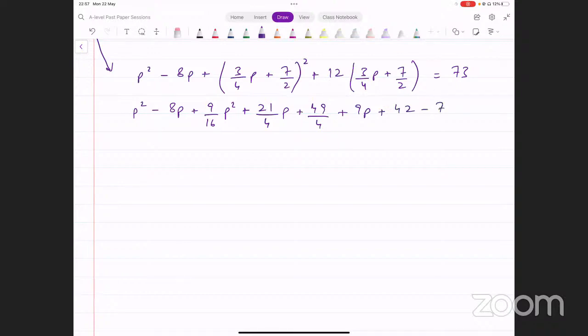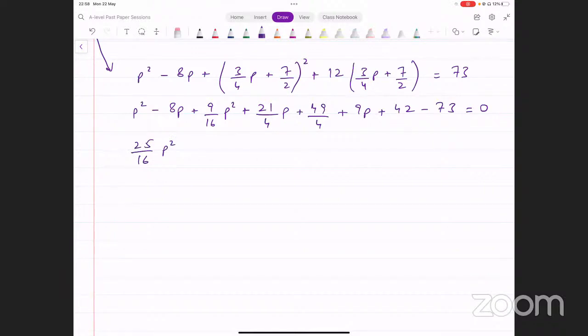On the other side, we have 73. We brought that here with a minus. This is the equation that we get. Let's simplify it a bit. We have two p squared terms: p squared plus 9 over 16 p squared. Put 1 plus 9 over 16 in the calculator and see what that gives you. This is giving me 25 over 16 p squared.